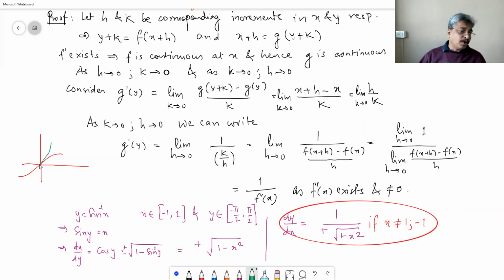And now you know that at 45 degrees here, the slope is 1. This is our sine inverse. And if you observe, the tangent to sine inverse will exist at every point except these endpoints, where it is going to be a vertical tangent.